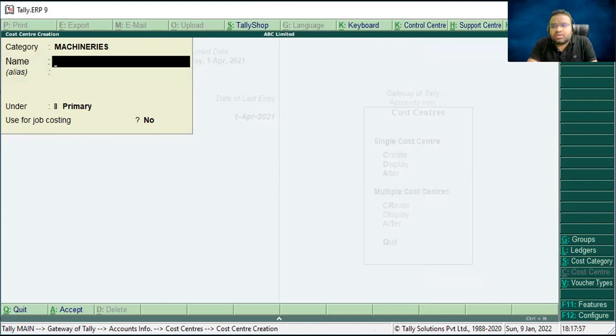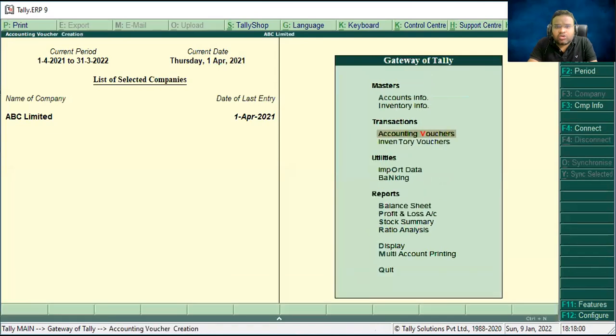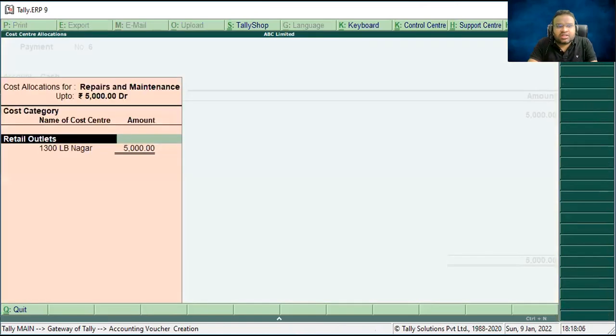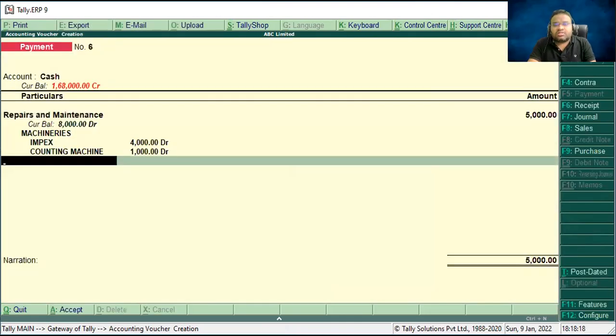I created two. Now I am incur repairs and maintenance for these missions. Go to general ledger, cash payment, repairs and maintenance, 5,000. Category what? Missionaries. Under missionaries what? Let us assume Impex mission, 4,000. Counting mission, 1,000.